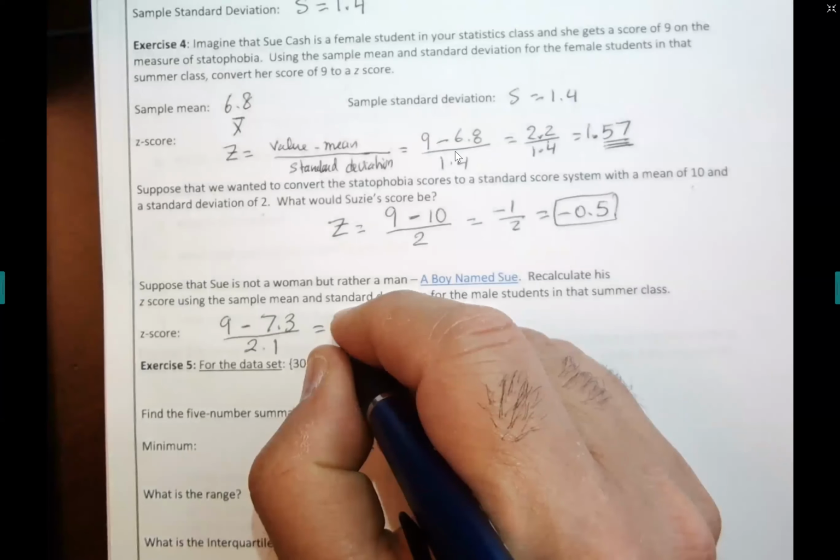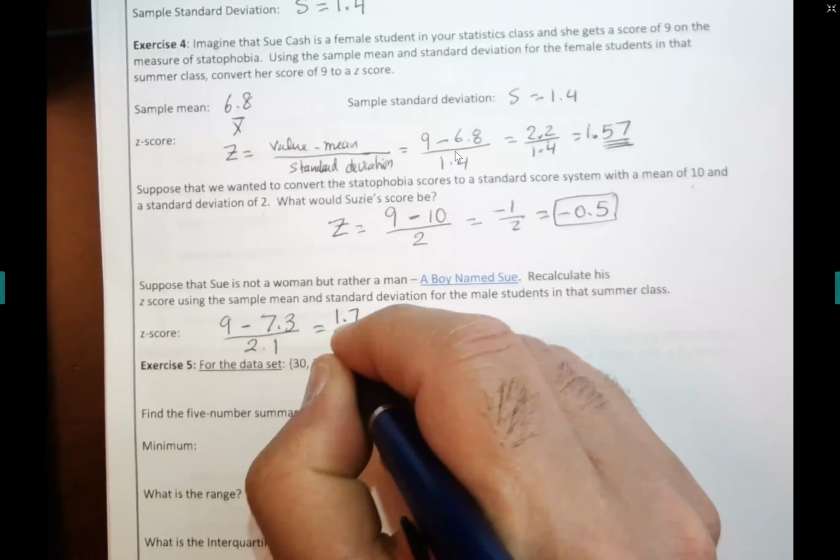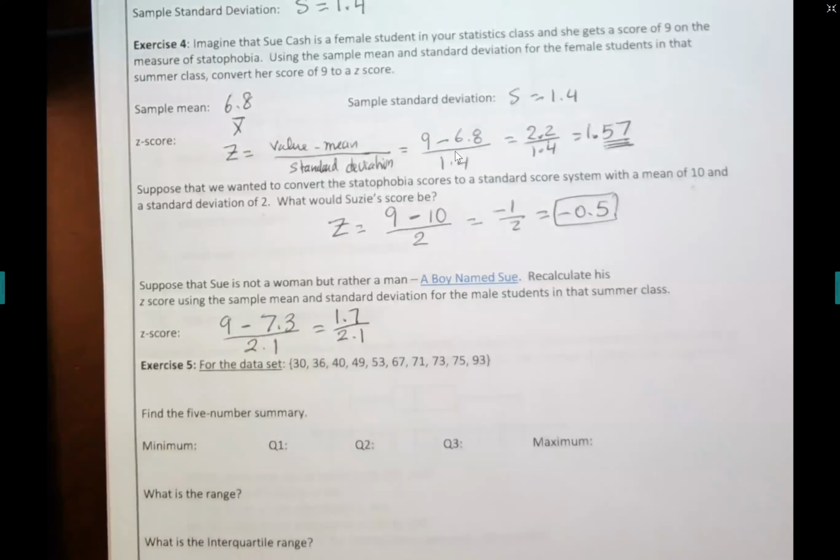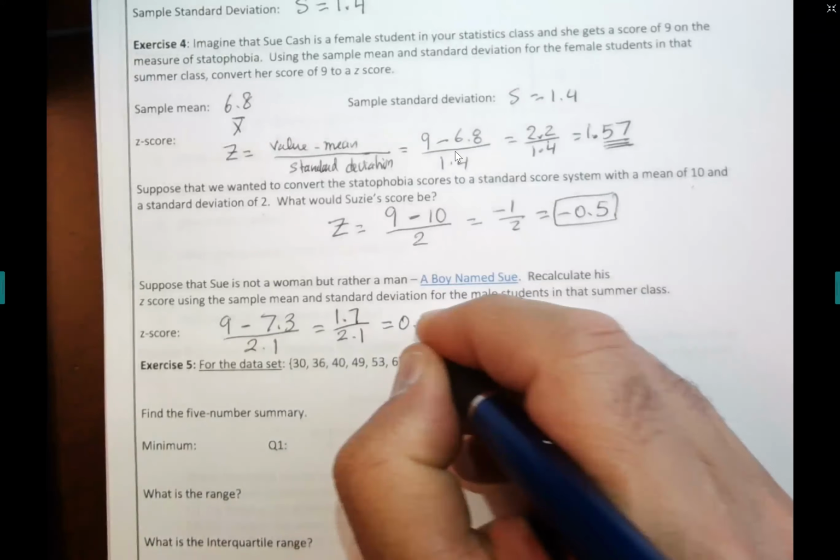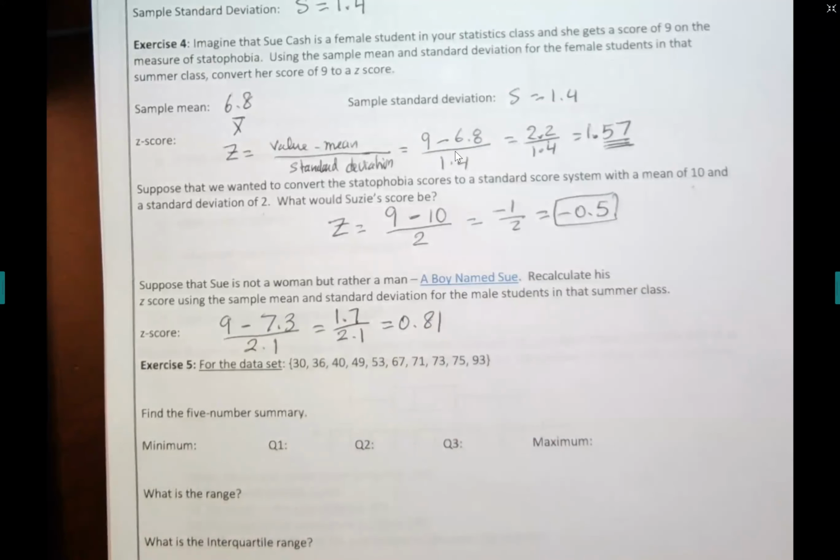So that's 1.7, guys, divided by 2.1. Let me just do it. 0.81. So this exercise just shows you how to calculate the z-score if we change the values.